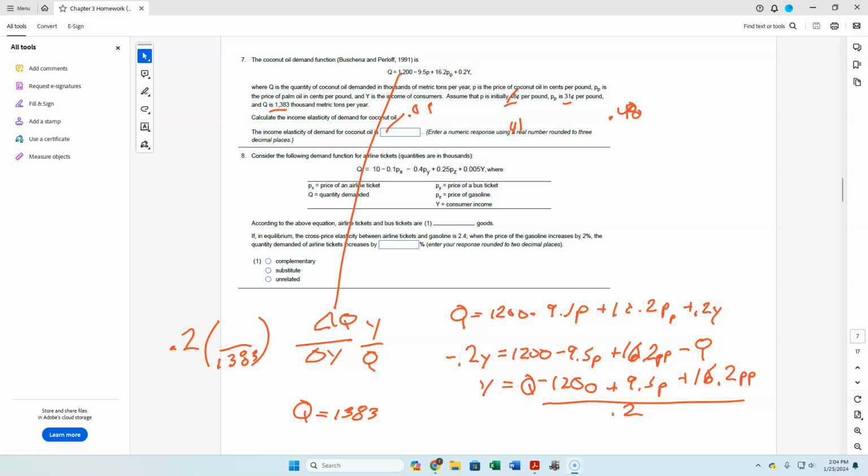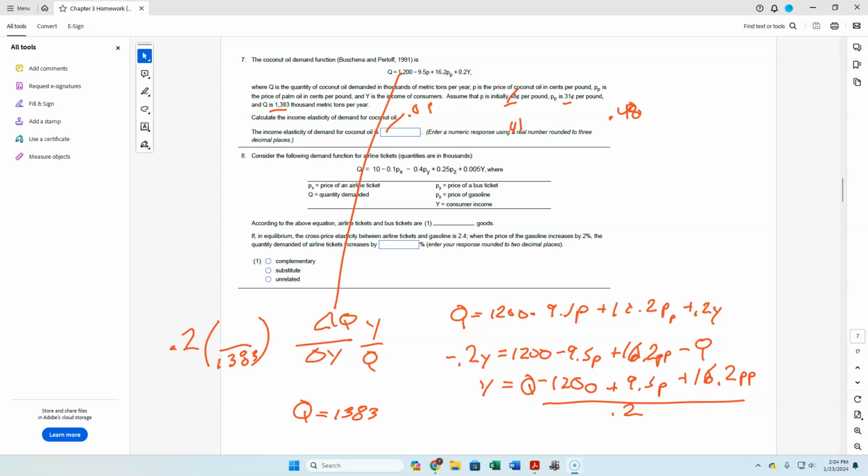Here in number 8, we're looking at the sign of a cross-price elasticity. And so we're looking at this for airline tickets with respect to bus tickets. And so because that's a negative term, that's going to indicate to us here that we're dealing with complementary goods.